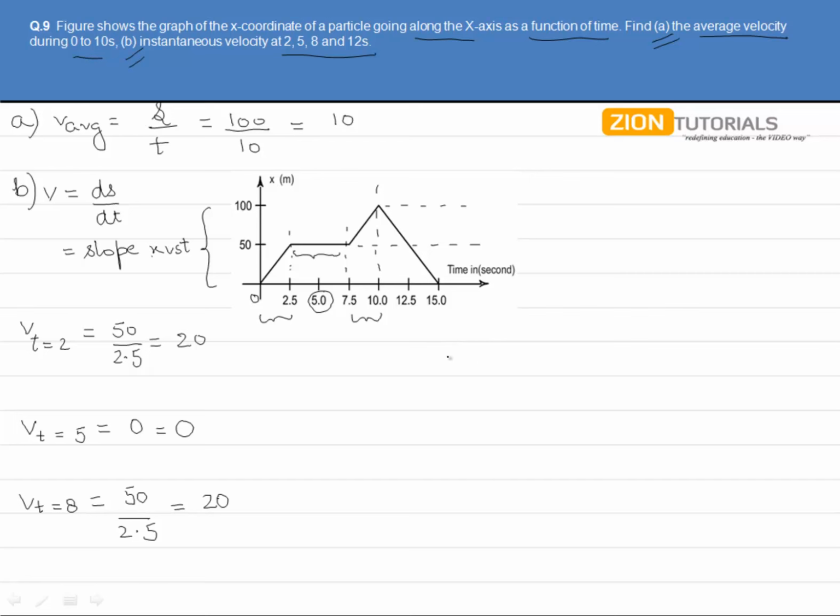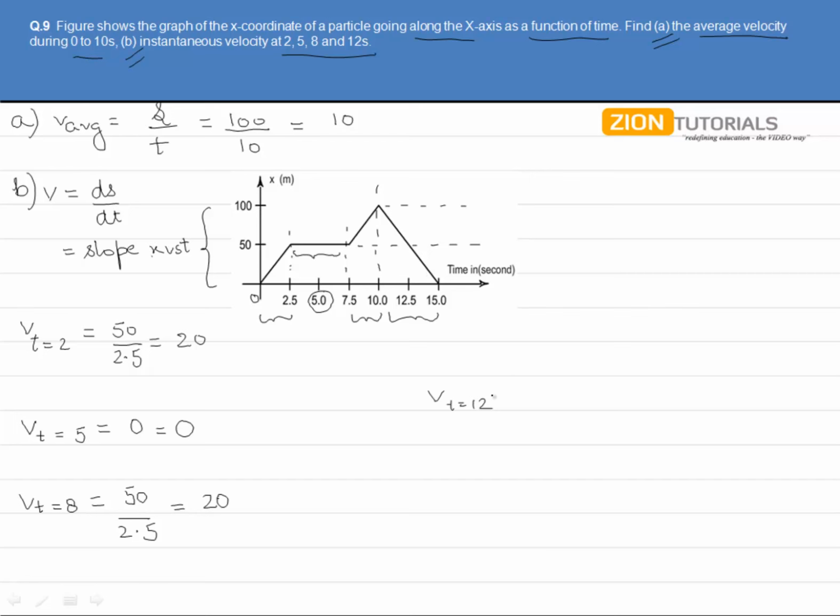Now let us move to the last part of this question, which is the instantaneous velocity at time equal to 12 seconds. Now friends, you can see from the graph that at t equal to 12 seconds, the particle is following this curve, that is this straight line.